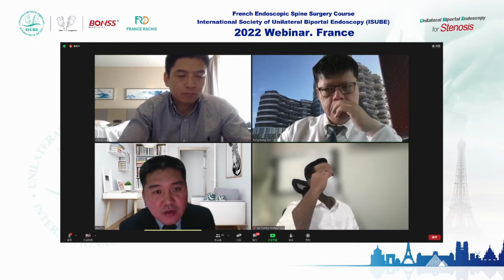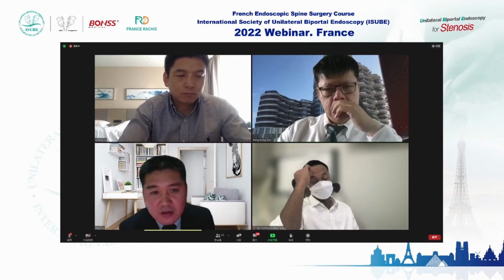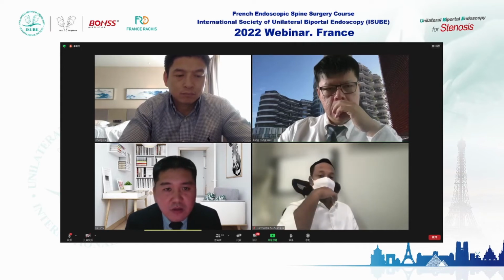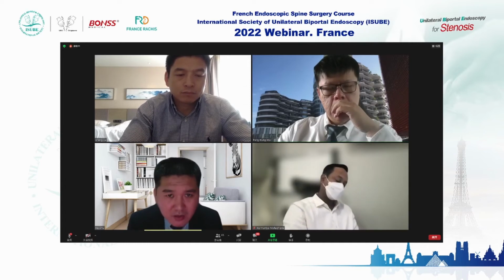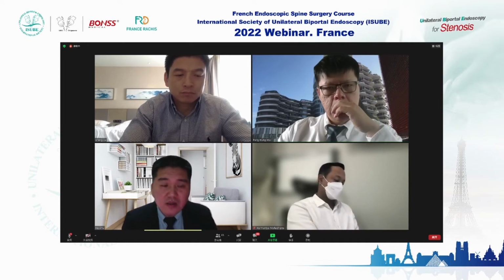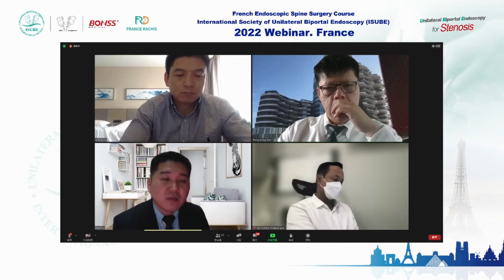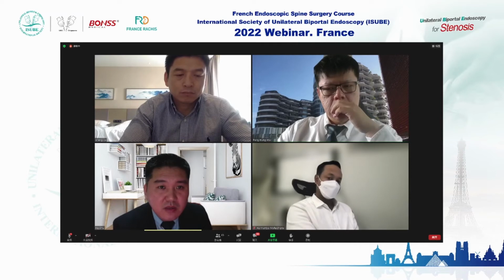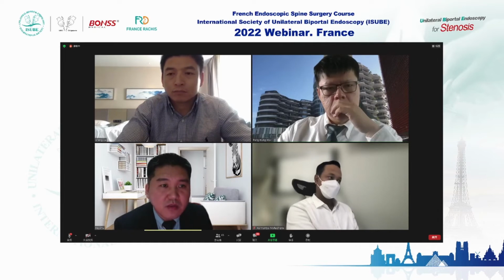Maybe in the future we can use the UBE technique developed to do more, like hemivertebral resection, tumor resection. So maybe we need more portals. And then we can combine endoscopic with robotic surgery. So I think it's just the beginning of endoscopic spine surgery. In the future, we can do more.